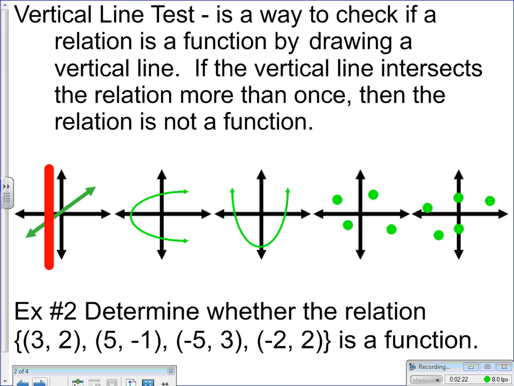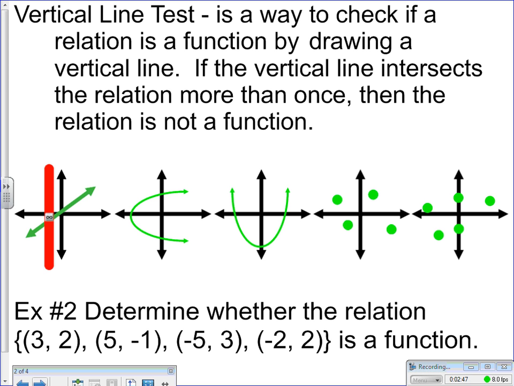Okay, the vertical line test is another way to test if a relation is a function. What you do is you draw a vertical line, and if the vertical line intersects the relation or the graph more than once, then it is not a function. So we'll start with the first one here. If you notice, the red line is the vertical line.